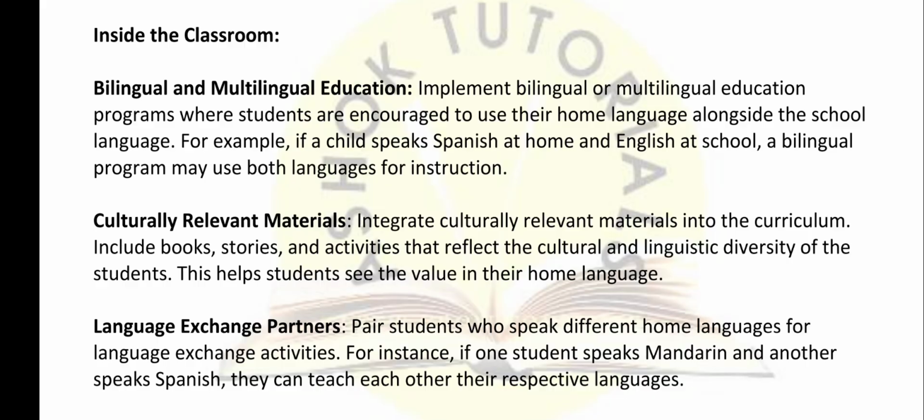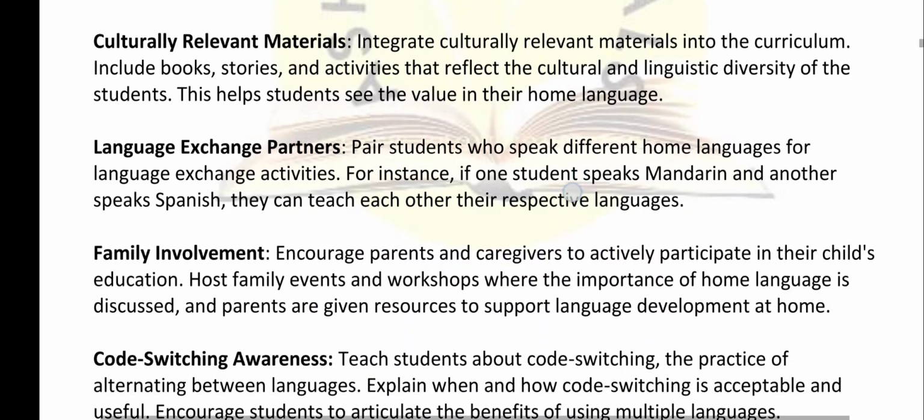Now you see, you try to encourage the children to use the school language, and at the same time use their home language to translate, to understand, to comprehend whatever they are learning in the school language with the vocabulary or the words they speak in their local language. So we can encourage the learners to interconnect the two languages, right?